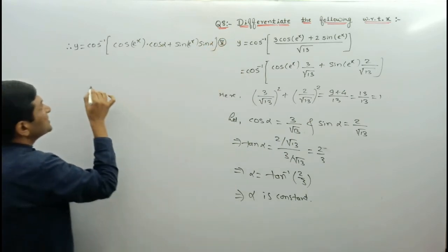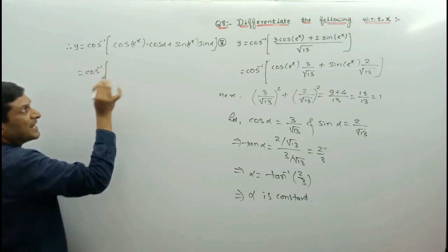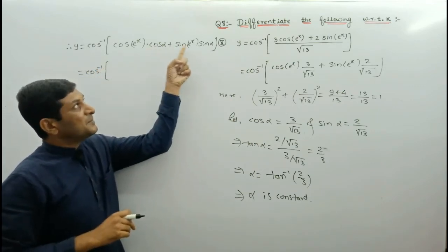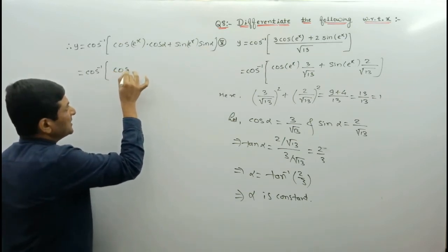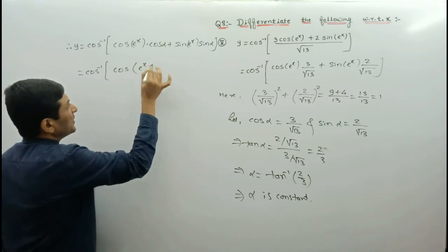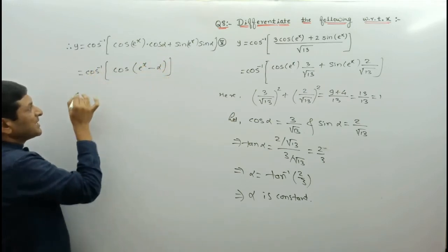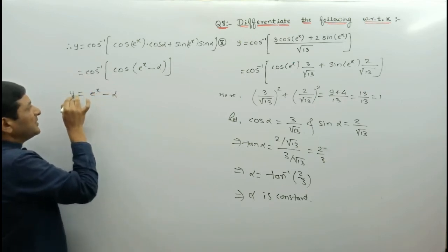Isn't it? So which is equal to cos inverse, keep it as it is. Now we can observe that this expression is in the form of cos A into cos B plus sin A into sin B, which is nothing but the formula of cos A minus B. What is A here? E raised to power x, and B is what here? Alpha. So here cos inverse and cos will get cancelled. We will get e raised to power x minus alpha as the value of y.